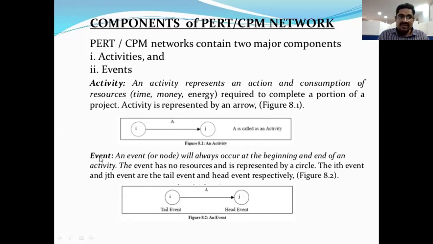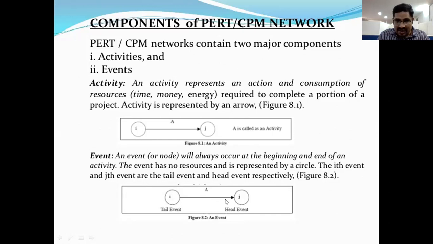Coming to event: event, or node, means the circle form will always occur at the beginning and end of the activity. Look at this activity. An event or node will appear at the beginning of this activity.